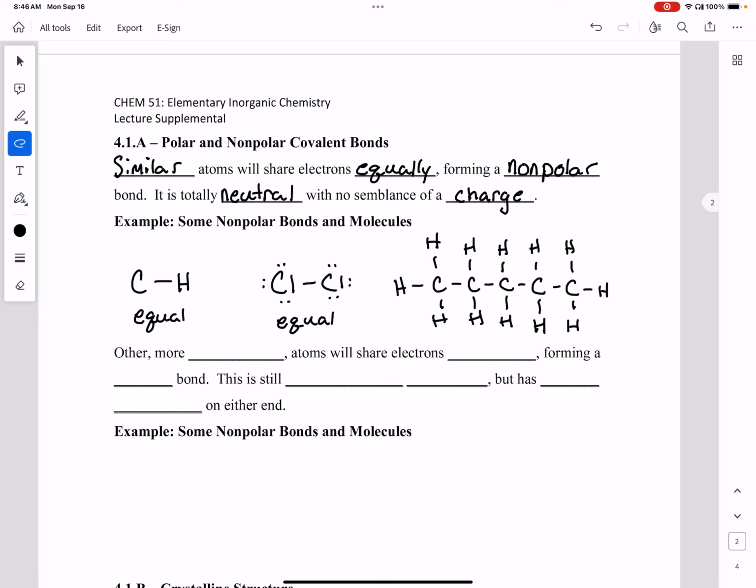Okay, so if you have other more different atoms, those will share electrons unequally, forming a polar bond. So it's still technically neutral, but it has very slight charges on either end.